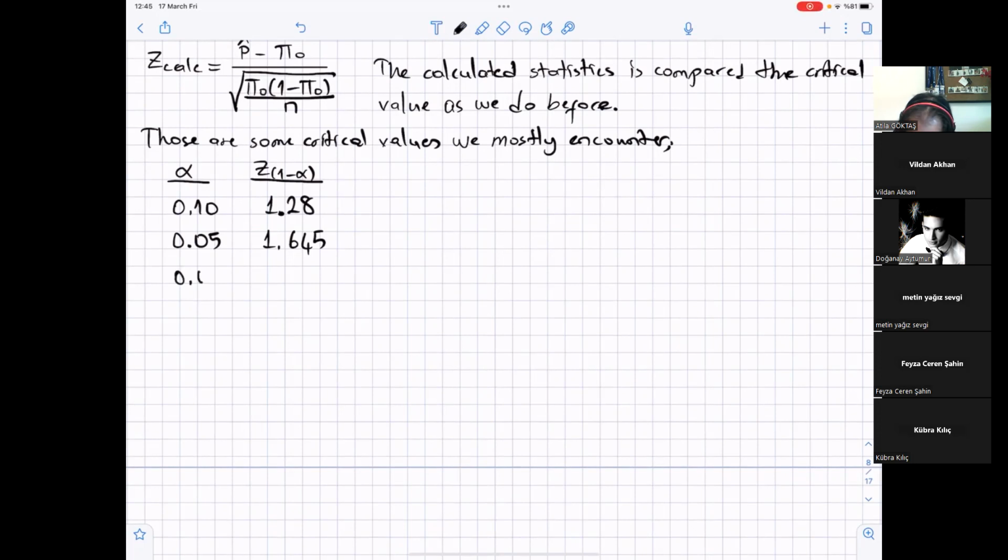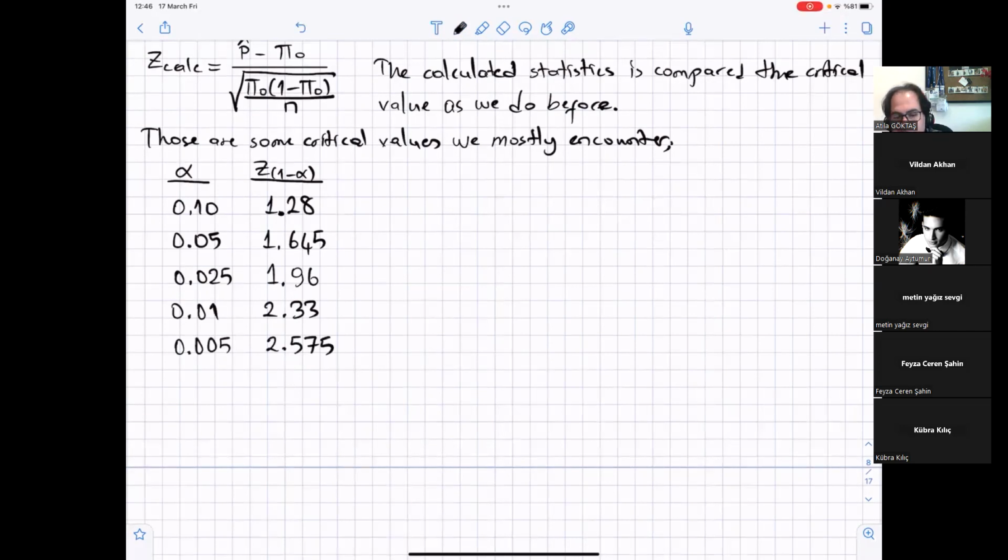And 0.01, another one, which is, no, not this one. I'll have this one first. 0.025, this is 1.96, and 0.01, this is 2.33, and we have one more, 0.005, this is 2.575.